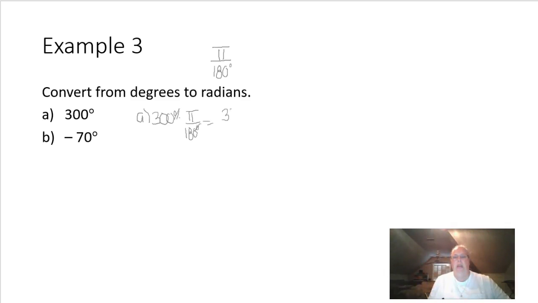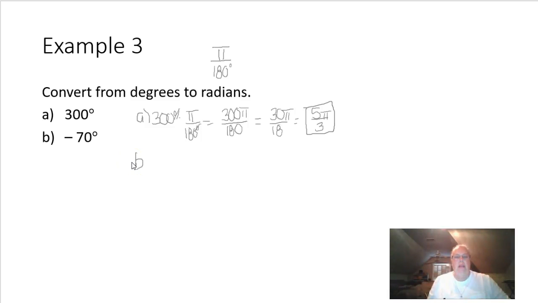This is going to give me 300 pi divided by 180. Now, both of these I know are divisible by 10 because they both end in 0, so that's going to give me 30 pi over 18. And then, let's see, I know 6 can go into both of these, so 6 goes into 30 5 times, and 6 goes into 18 3 times, and I believe that one is now in lowest terms.